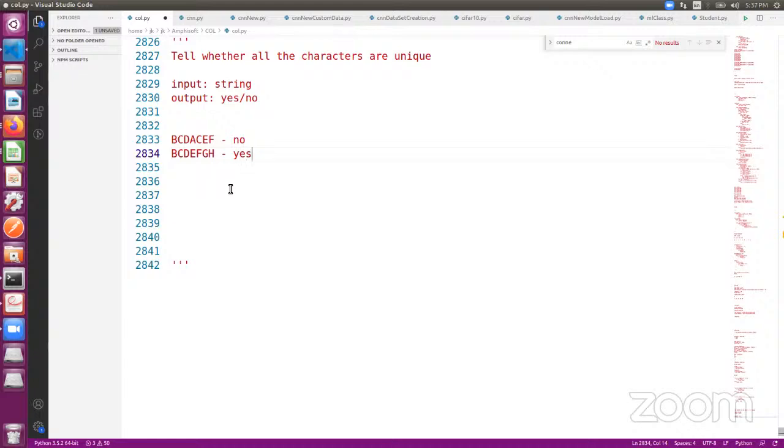Now can you tell me an order of n square algorithm to solve this problem? You have to check whether all the characters are unique.